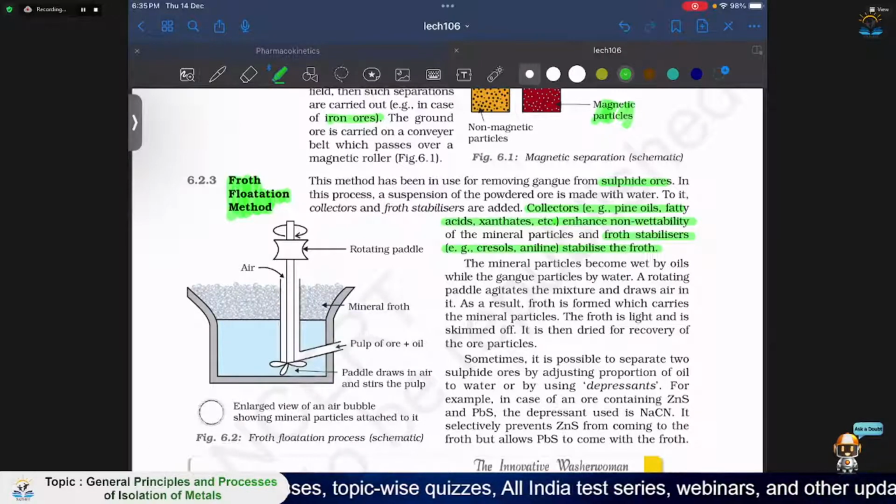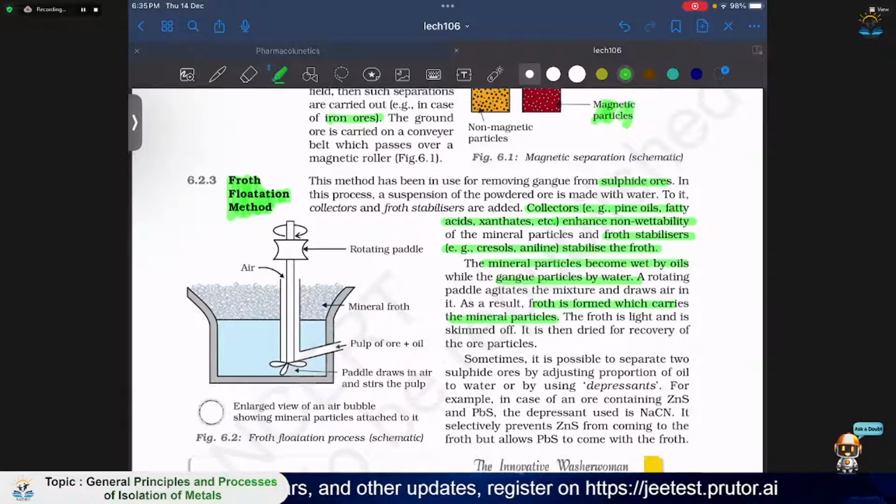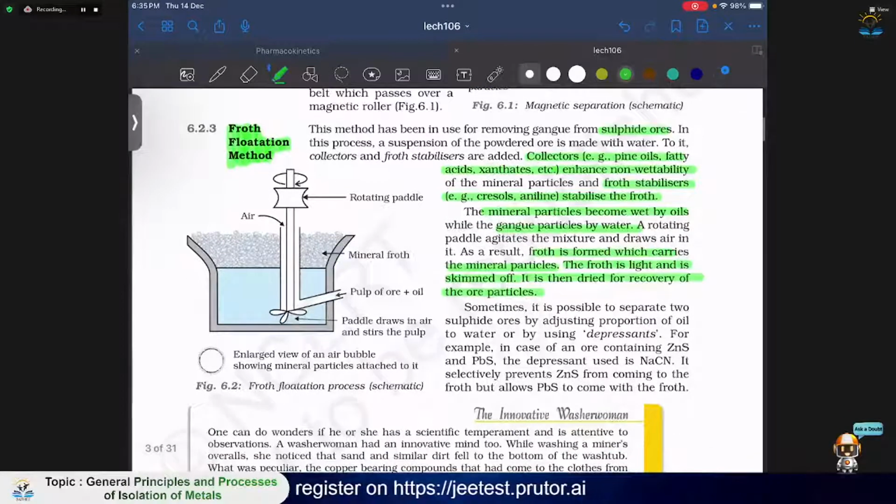What happens is the mineral particles are wet by oils while the gangue particles are wet by water. A paddle agitates the mixture, draws air, froth is formed, and the froth carries the mineral particles and the oil. The froth is light because the oil is light, so it is skimmed off. It is then dried for the recovery of ore particles. So what happens is the different affinity of the ore and the gangue.